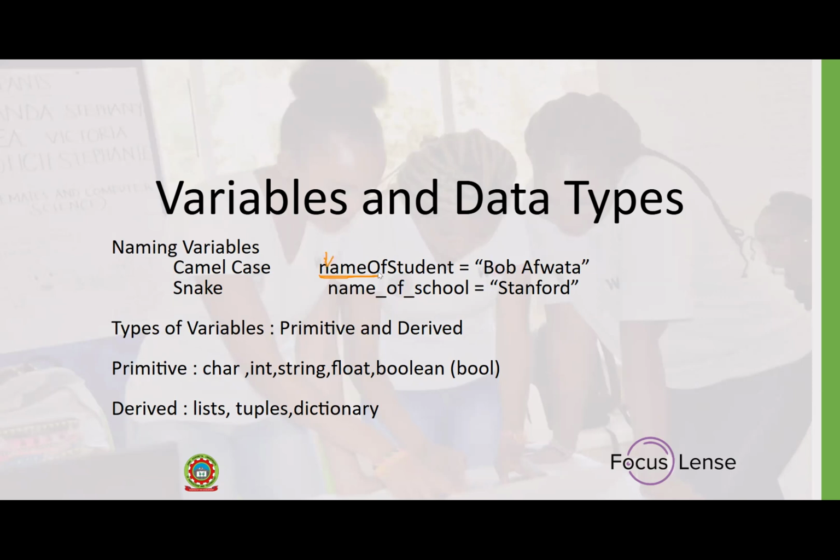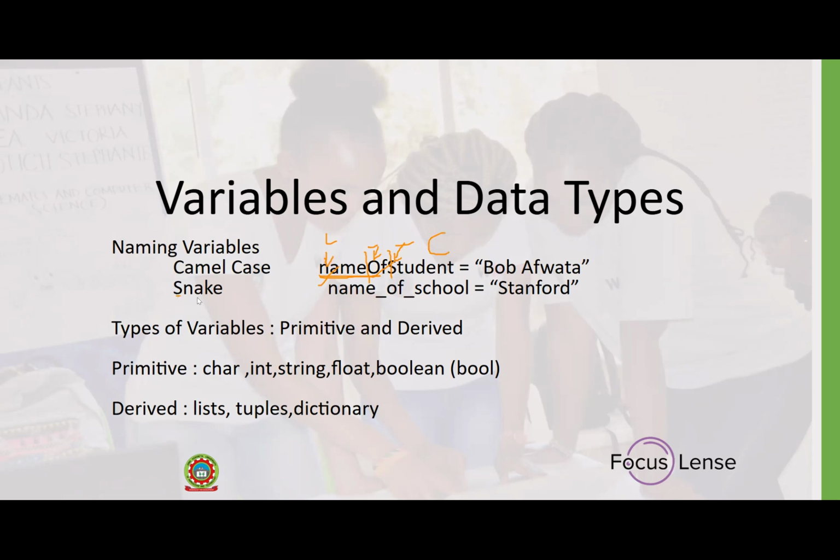And then the next word is of, which starts with a capital, and then the next word, student, also starts with a capital S. Can you all see that? The first one starts with lowercase, but the other ones start with uppercase. Name of city: you write a small n for name, of, but then city, you use a capital C.